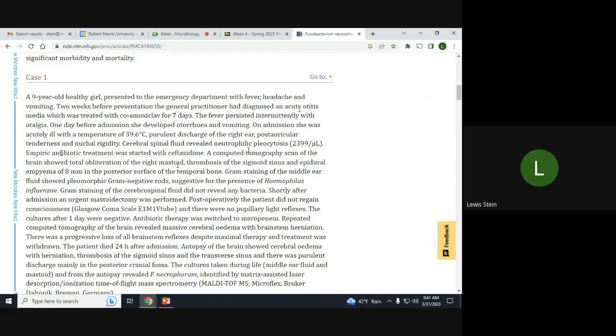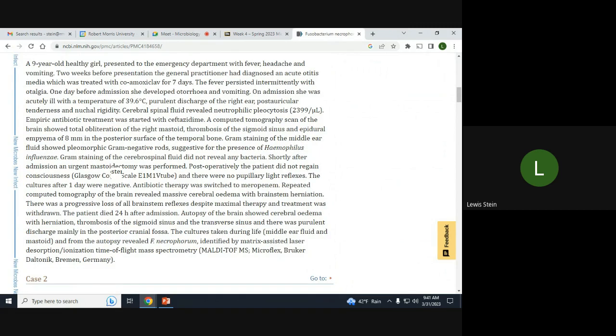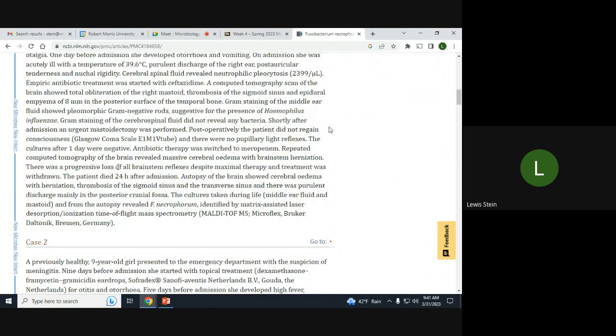There's a sinus in there, not paranasal, but behind here. Unbelievable. With gram-negative rods, the usual go-to you think of in children is Haemophilus influenzae, which we'll talk about. Their autopsy, well, now you know what that tells you. The person died. The 9-year-old girl. Awful. 24 hours after admission.